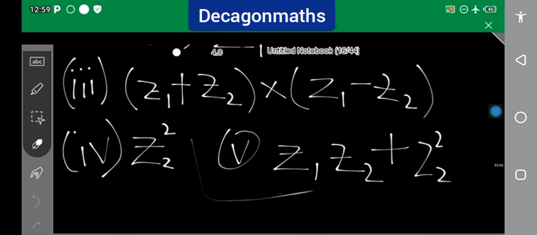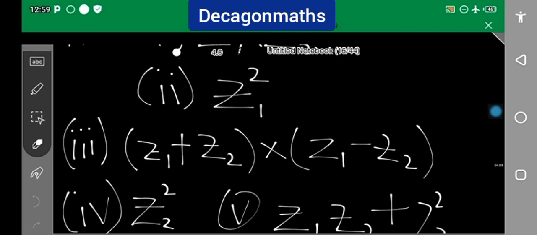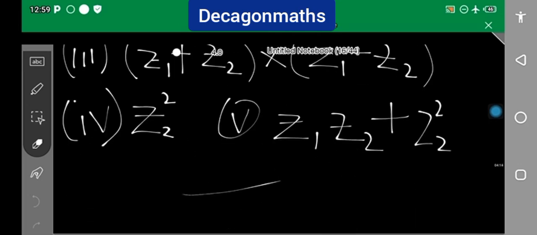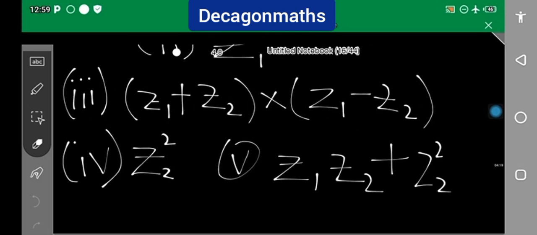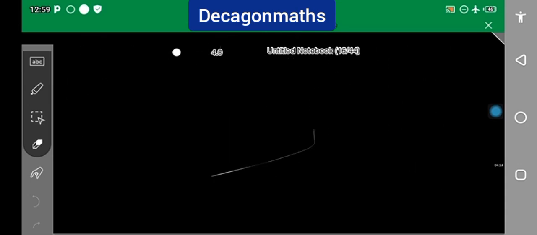We have to find Z2 raised to power 2, and also Z1 times Z2 plus Z2 raised to power 2. Now I'm going to do number 1 to 3, and 4 and 5 will be left as exercise for you to do, and I would like to have your answers in the comment section. I'll be glad to acknowledge them. So let's start with the first one.